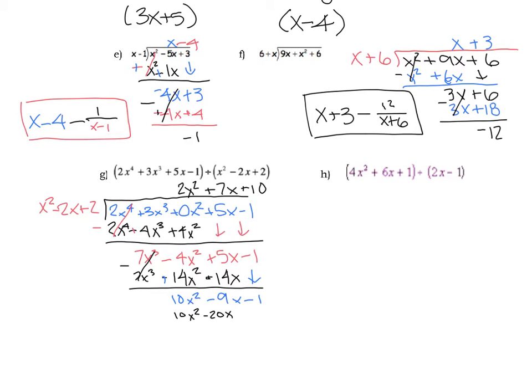And 10 times 2 is positive 20. All right, so let's see what we get here when we subtract. Yay, those cancel out. That becomes positive, and negative 9 plus 20x is 11x. Negative 1 minus 20 is negative 21.